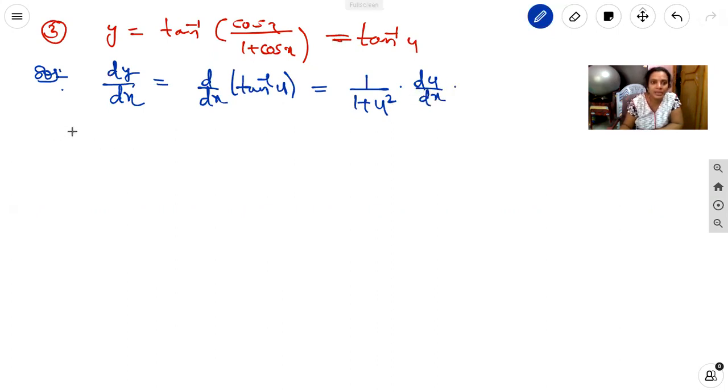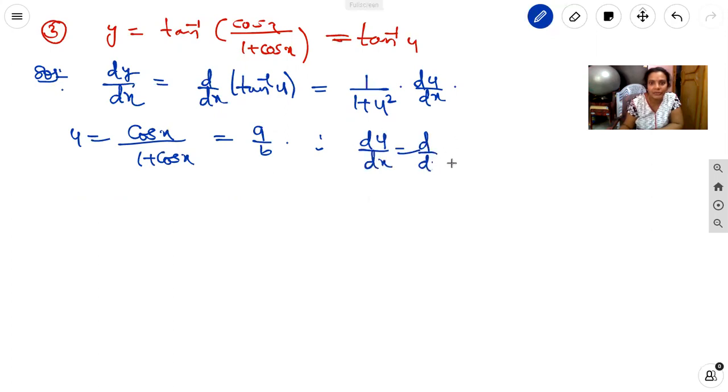Here u equal to cos x by 1 plus cos x. It is also in the form of a by b. We know that du by dx is nothing but d by dx of a by b, that is equal to b a dash minus a b dash by b square.